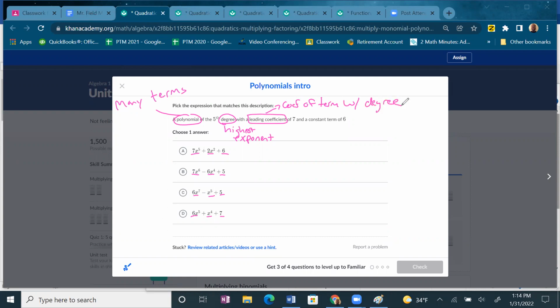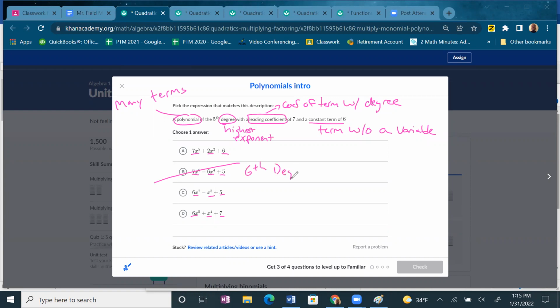All right. And a constant term, that's the term without a variable, aka the y-intercept. All right, so we want a fifth degree. So first of all, that's a sixth degree.